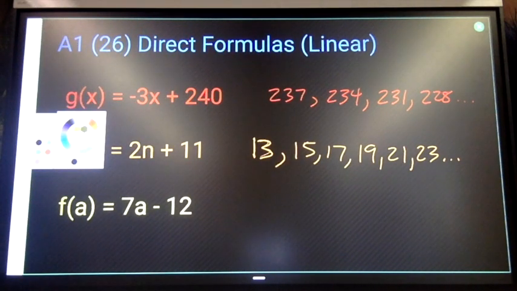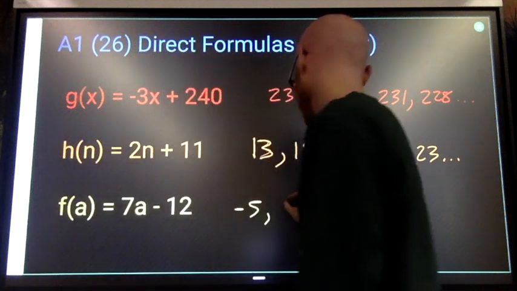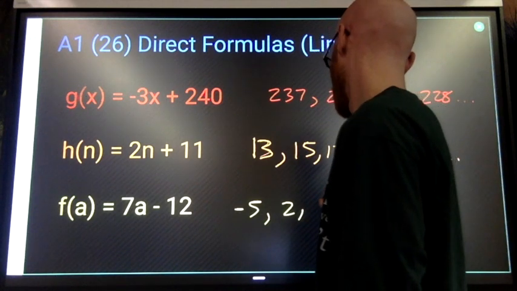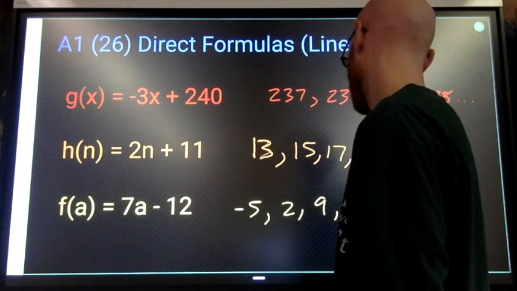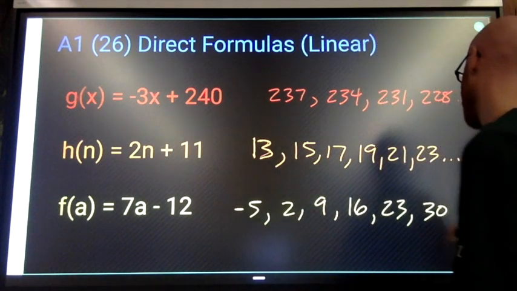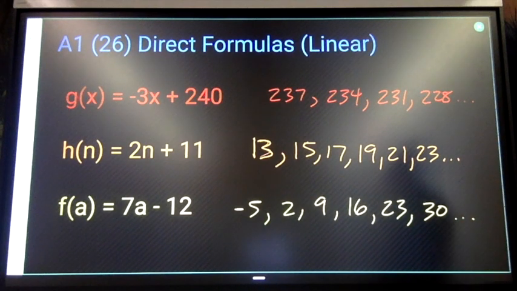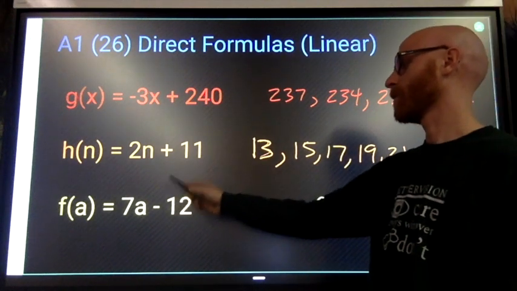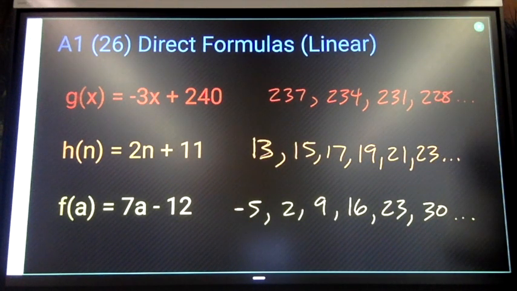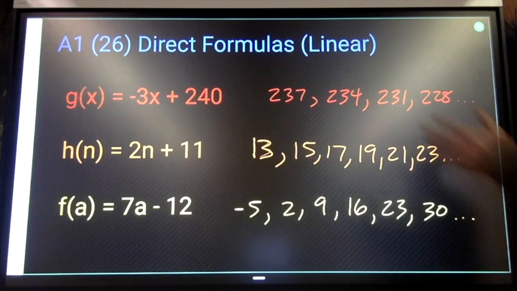Third sequence: negative 5, 2, 9, 16, 23, 30, and so on, right? 1, 2, 3, 4, 5, 6. 7 times 6 is 42, minus 12 is 30, right? So that is how we generated sequences given a rule.